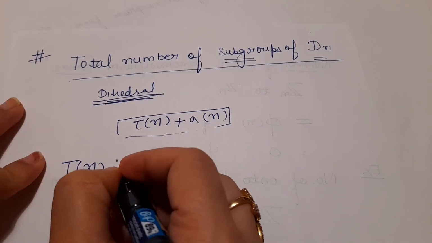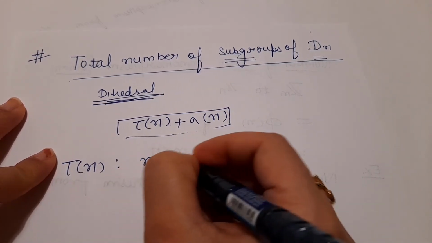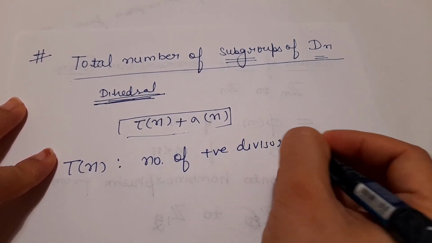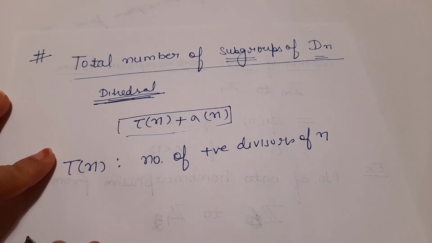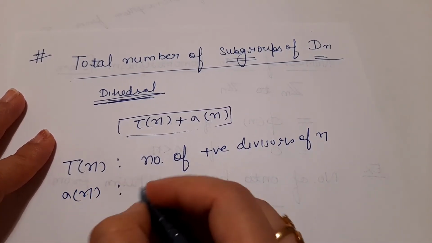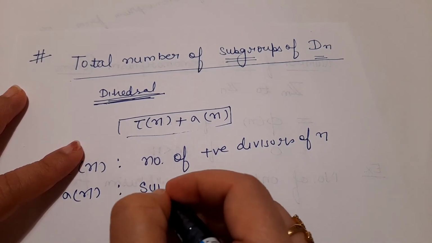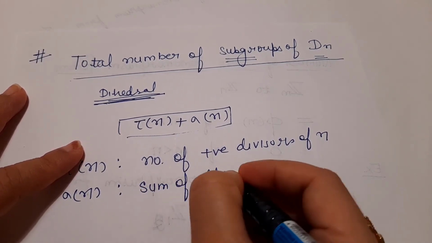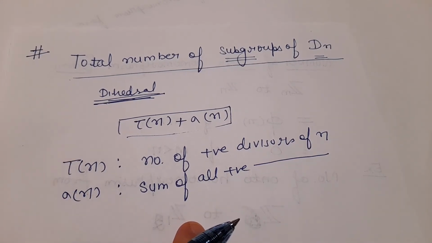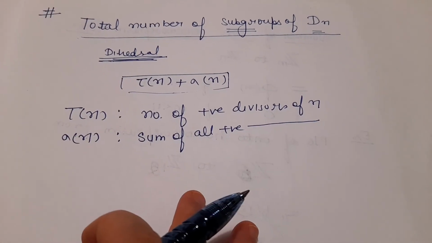We have studied that tau n is the number of positive divisors of n, and sigma n is the sum of all positive divisors of n. We have studied in detail what sigma n and tau n are.